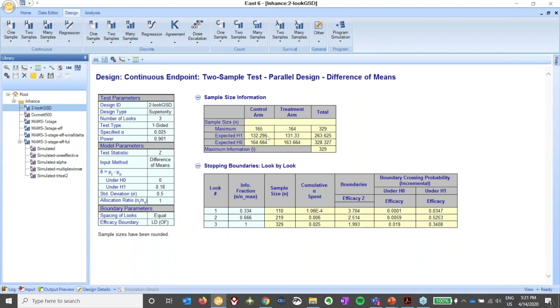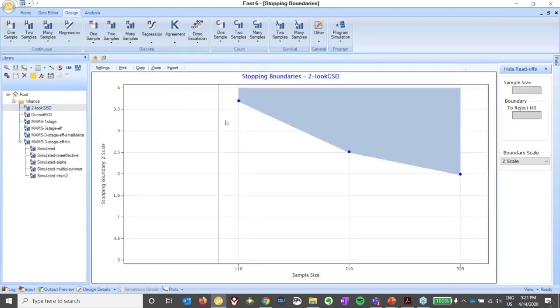And if the drug works, so under the alternative hypothesis, we would require about 132 subjects per arm. So this is the expected sample size under the alternative hypothesis. We also have an idea about what our stopping boundaries would look like. And as you can see, at least on the z-scale, since we're using an O'Brien and Fleming type of boundary, it is relatively difficult to stop at the first look.